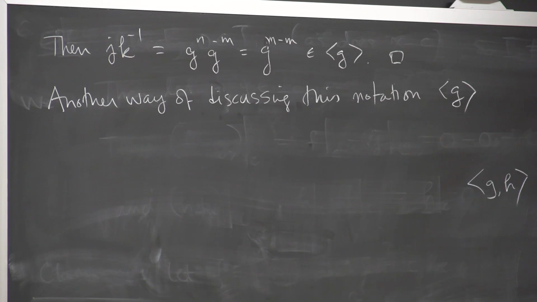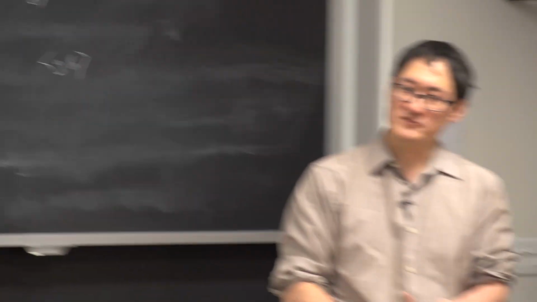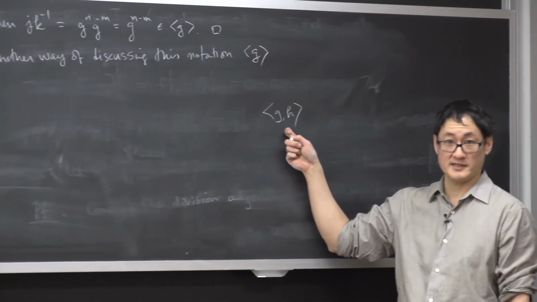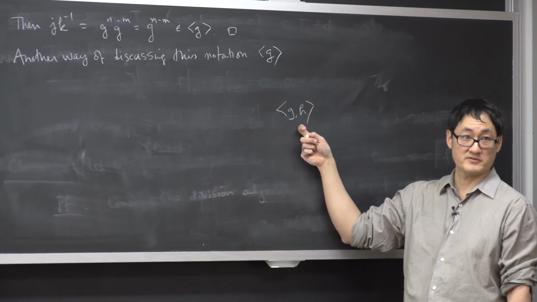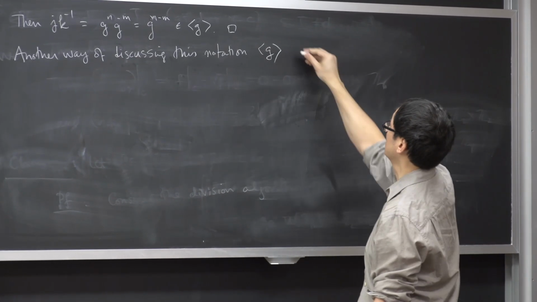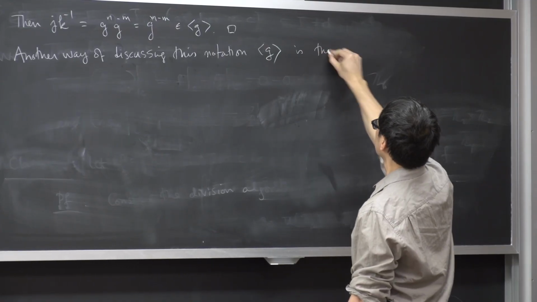It's the smallest subgroup containing G and H, the subgroup generated by G comma H, right? So it's all the powers of G, all the powers of H, all the possible multiplications you can do with G and H and the powers of those things. A faster way of saying this is that it is the smallest subgroup that contains both of these things. So another way of discussing this notation is the following.